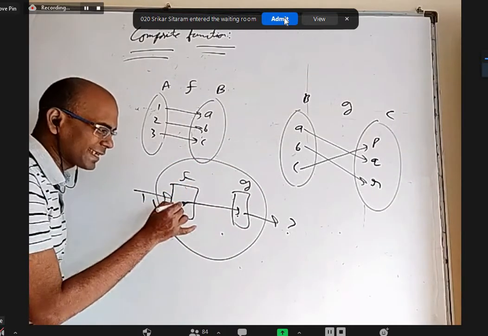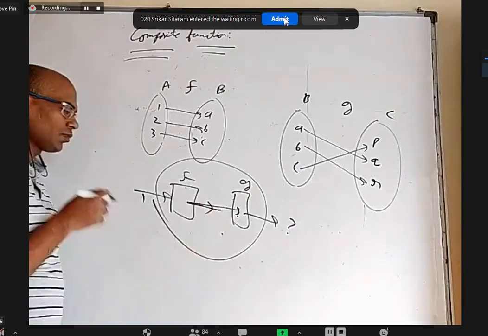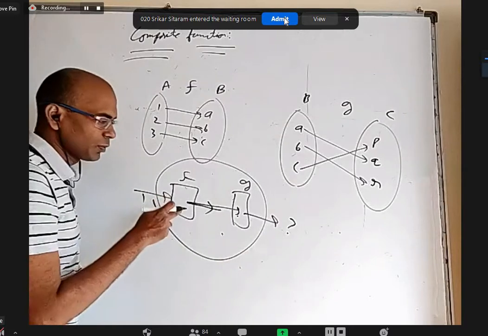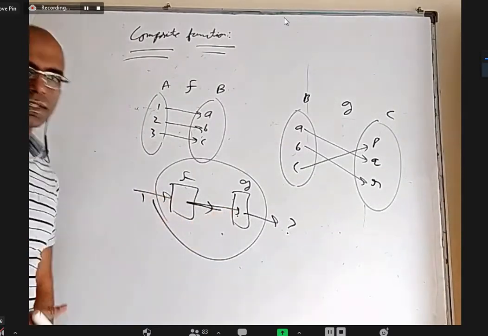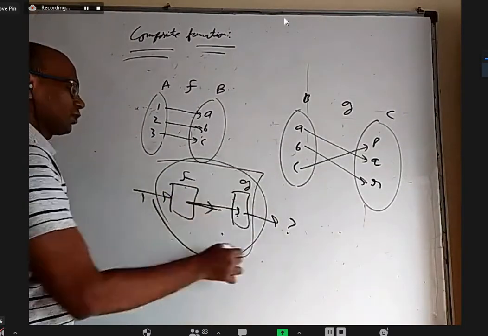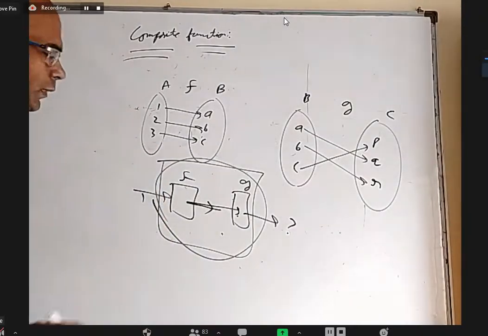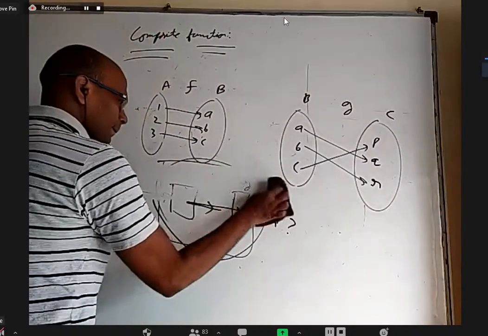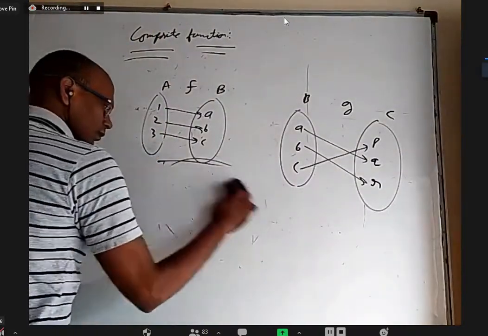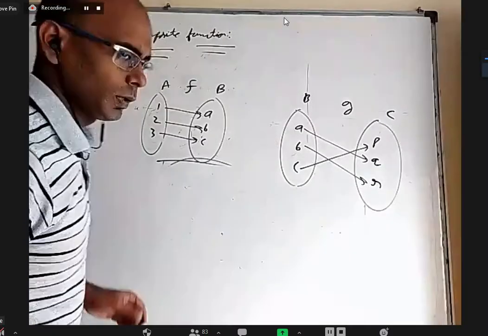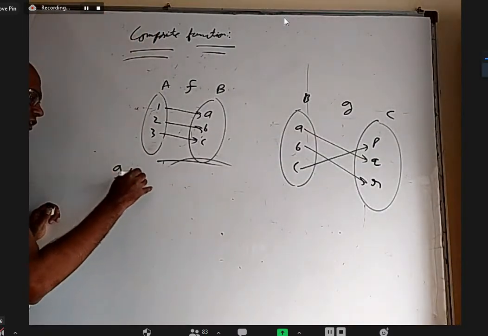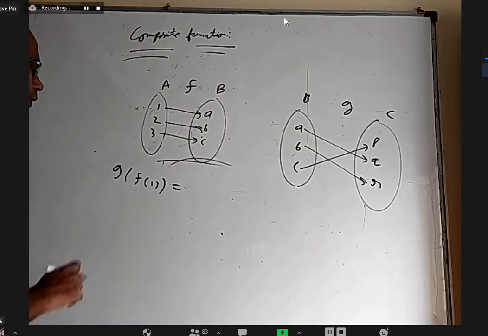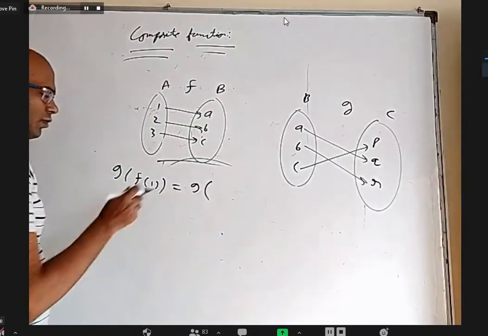We don't exactly see what is in between sometimes. We see the initial input and the final output. The in-between, the output of this which went as input, we may or may not see every time. It may be inside a box, for example. So let us say I want to know g of f of 1. What is f of 1?